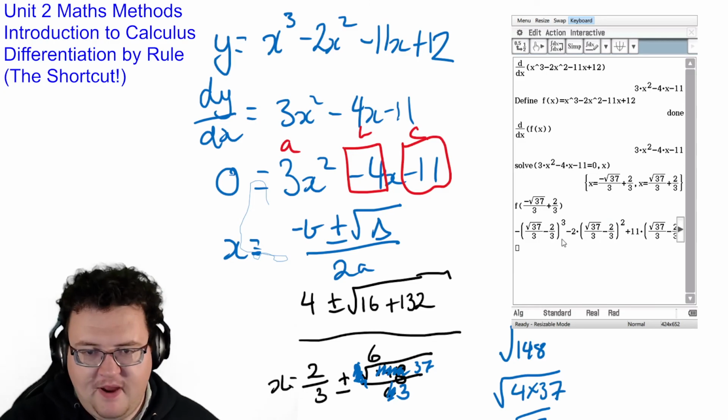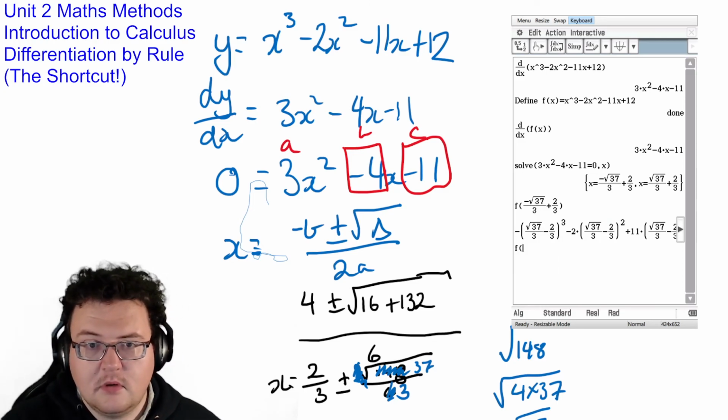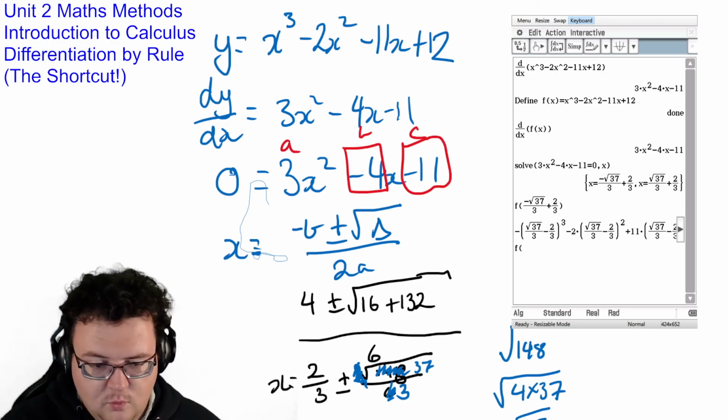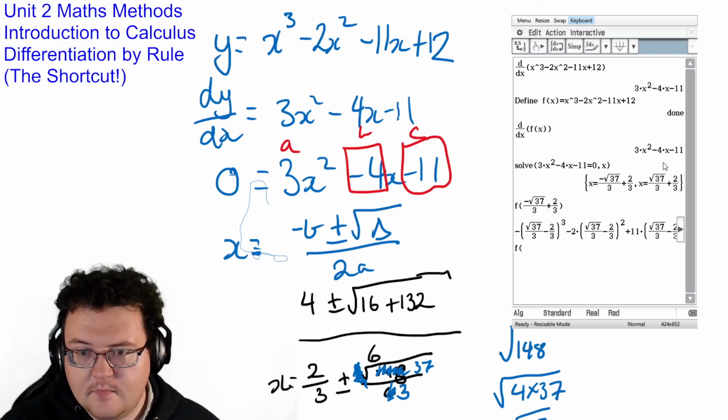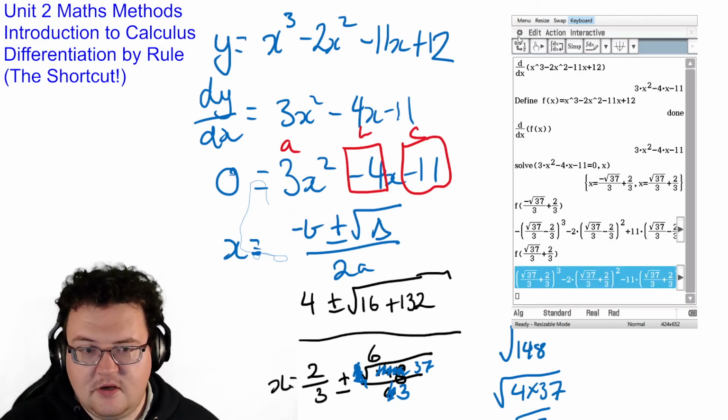And then you would repeat the process with the other one. So grab the opposite, pop it in, and then tap it, highlight it, convert it to a decimal.